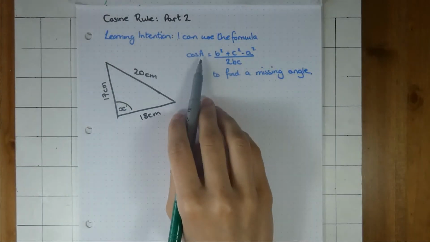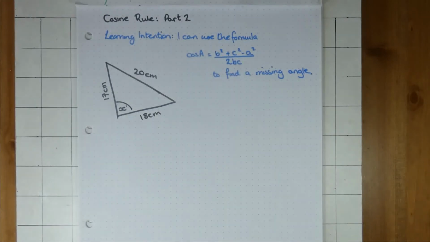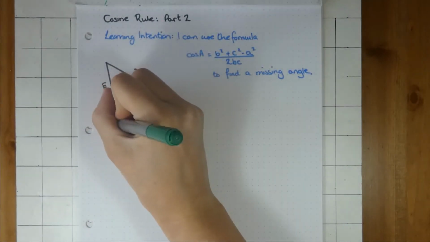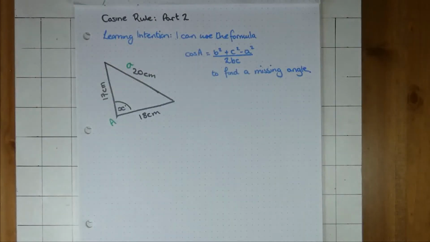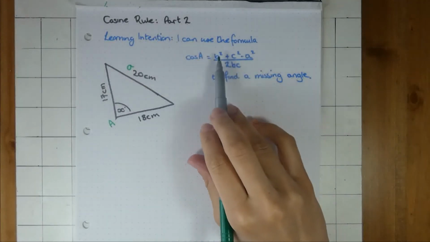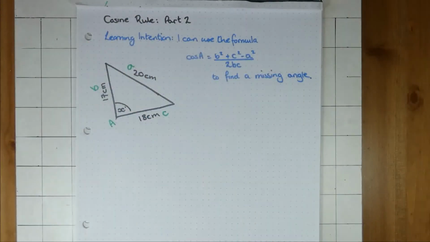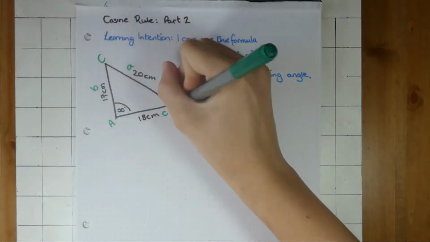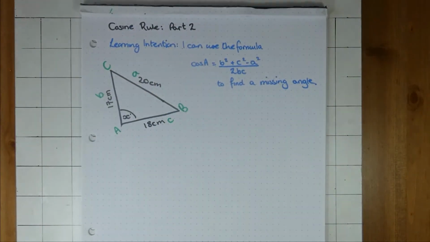Again, I still only have angle A. If you look through that whole formula, the only angle I have is A. So that's what that corner, that angle X is going to be. Which means the opposite side is little a. And again, what I do to B, I do to C. So it does not make a difference which is B, which is C. Remember, opposite side, opposite angle matching.